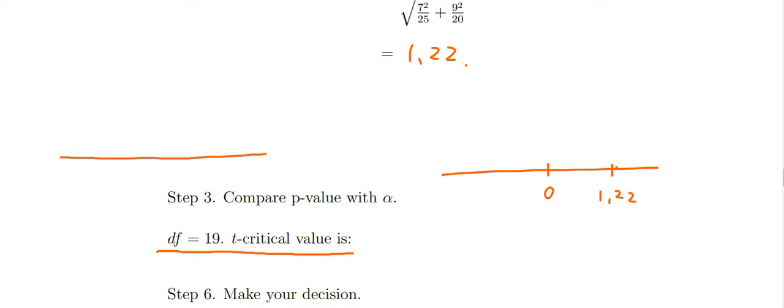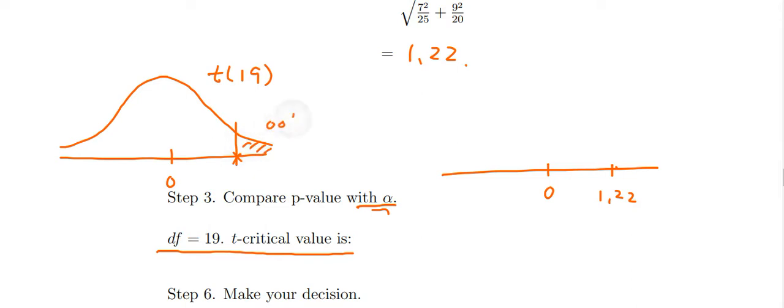Critical value means we need to check a t distribution. The degree of freedom is 19, right? And alpha is 0.05. We just find the t star, the t critical value, such that this tail part is 0.05.